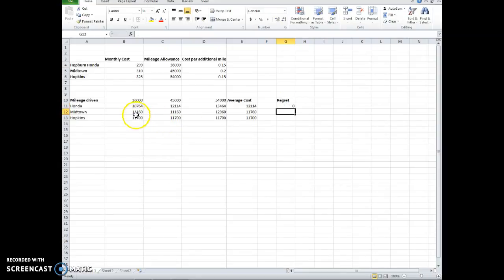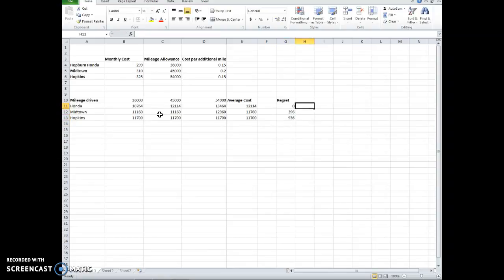In the Midtown case, it's the amount they paid, so this should be 11,160 minus 10,764. And then in the Hopkins case, it would be the 11,700 minus the 10,764. Okay, and then the same in each of the other cases.